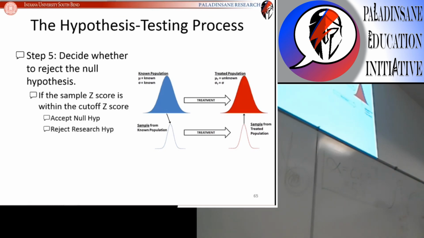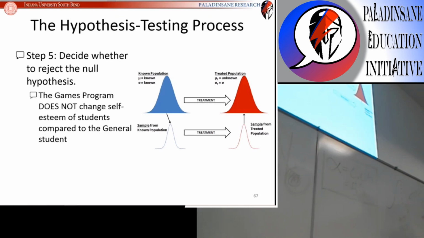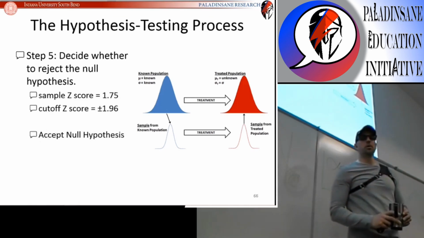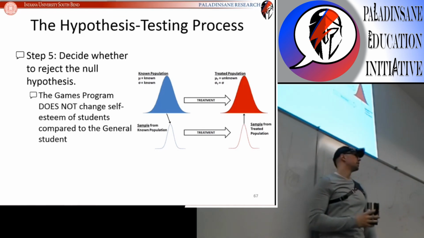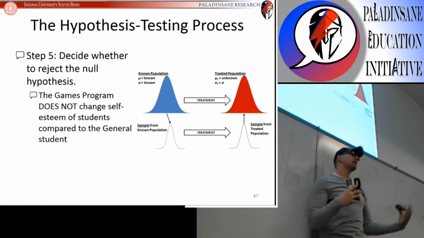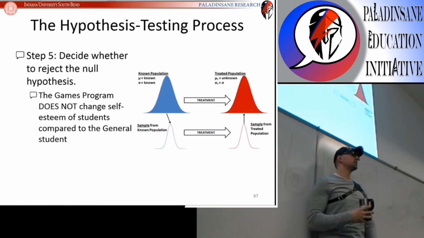And in this case, we would, again, accept the null hypothesis, and we conclude that the games program does not change the self-esteem of students. So all of that work, all of those years of research and trying to come up with a new program, turns out that even though it seemed to increase the self-esteem for that particular sample, it would not work for a population.